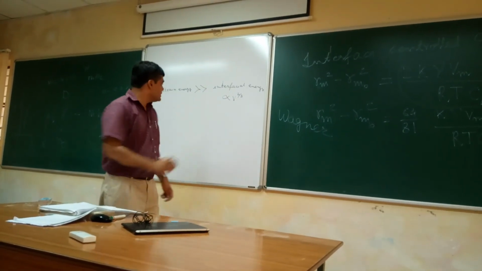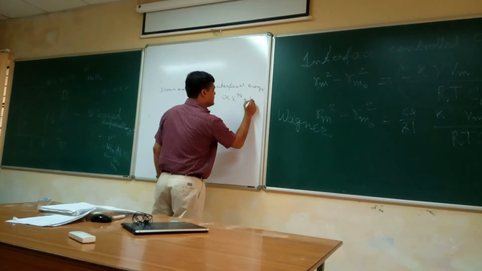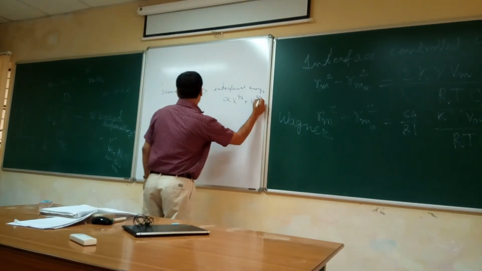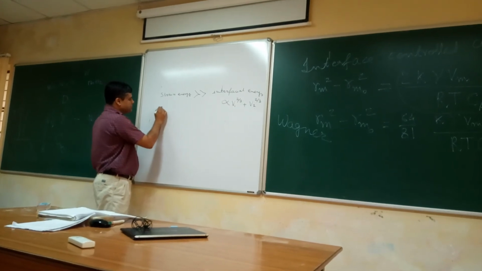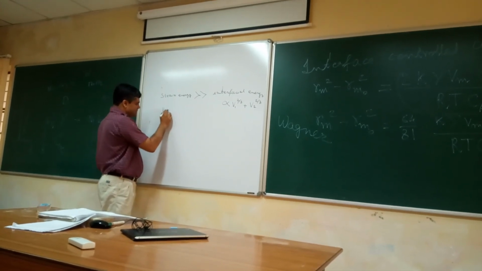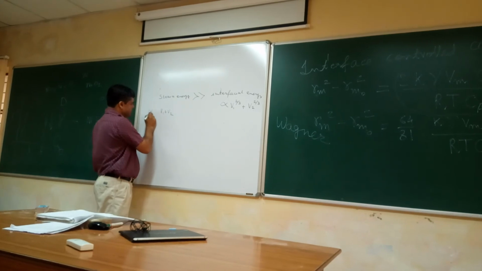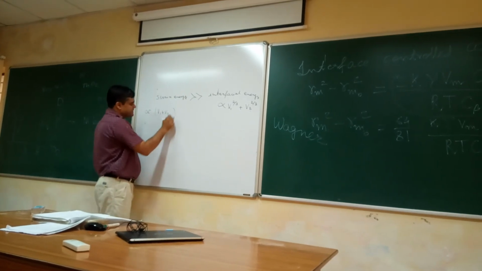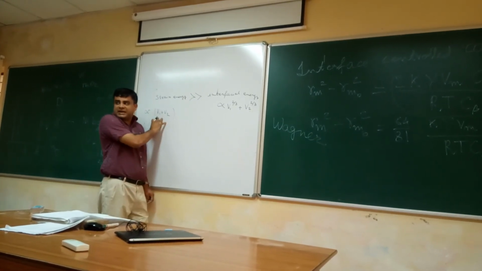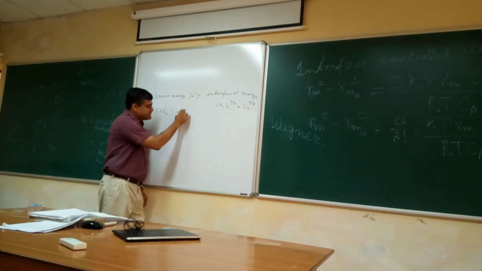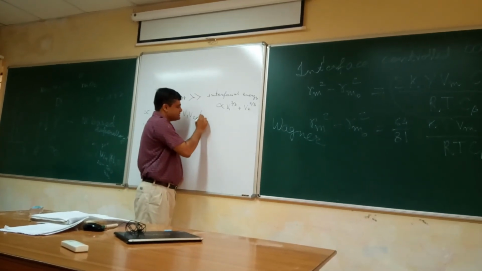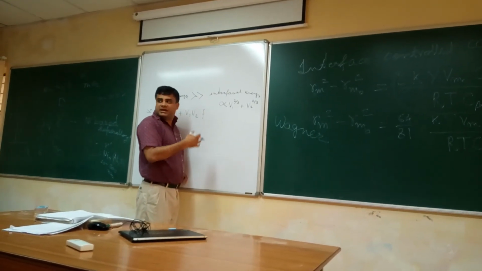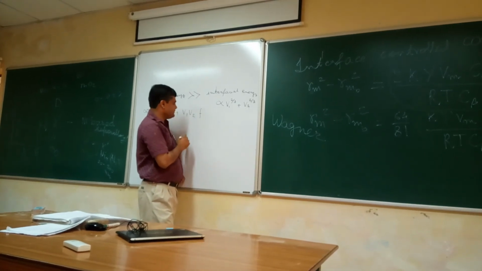And the strain energy has been found to be proportional to the summation of the volumes of the precipitates, V1, V2, plus some other function of the interprecipitate distance and those things.